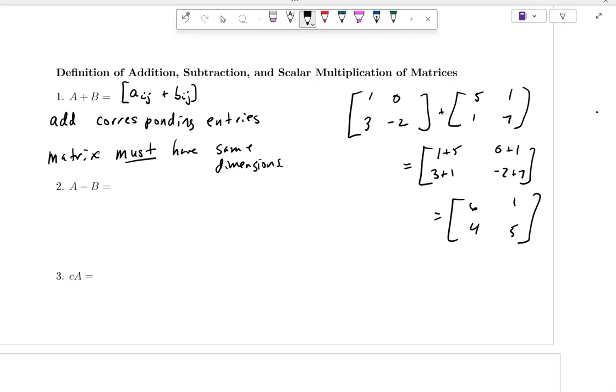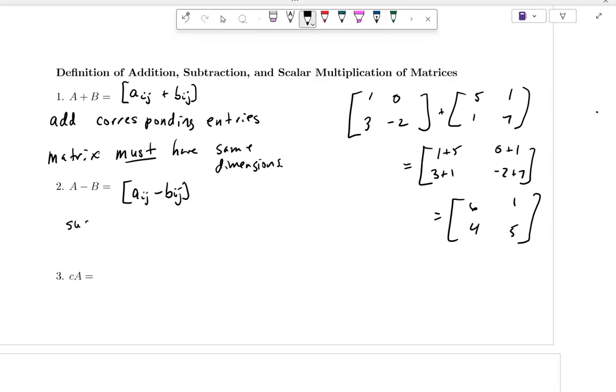Well, if you add two matrices by adding their corresponding entries, how do you think we're going to subtract? Exactly the same way. Again, the notation here would be a sub ij minus b sub ij. That's the notation. Not as worried about that, just showing you the notation.